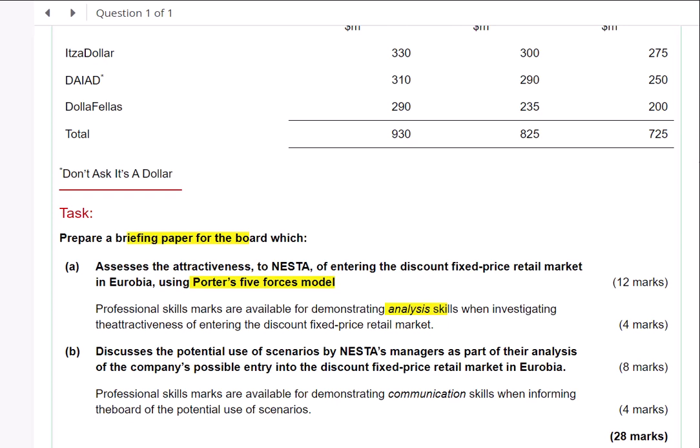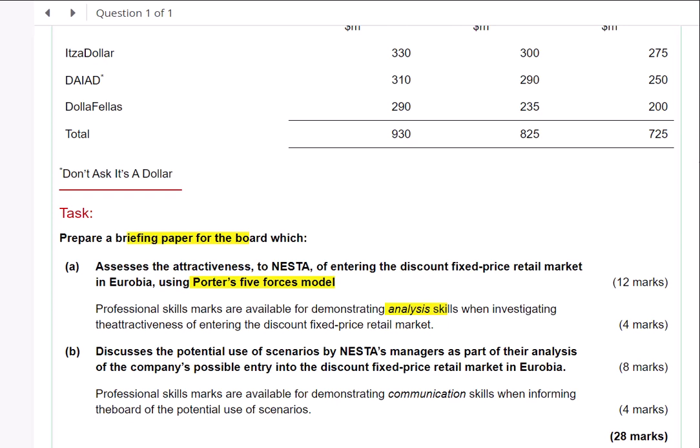But you are lucky, as in the given case they have mentioned the Porter five forces model. Before attempting the question, let me remind you, Porter five forces model is applicable in case of microeconomic factors, whenever we have to analyze the industry and think about the external factors which are the microeconomic immediate environment.